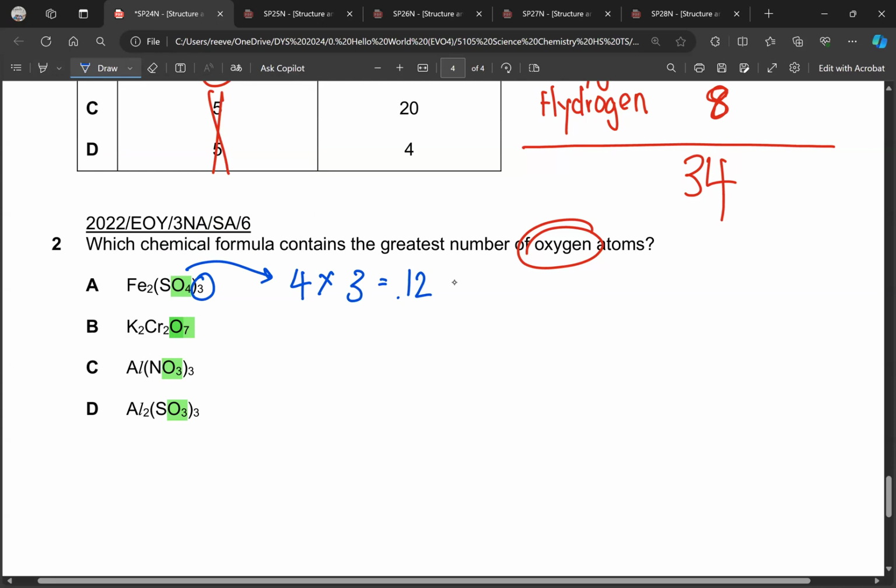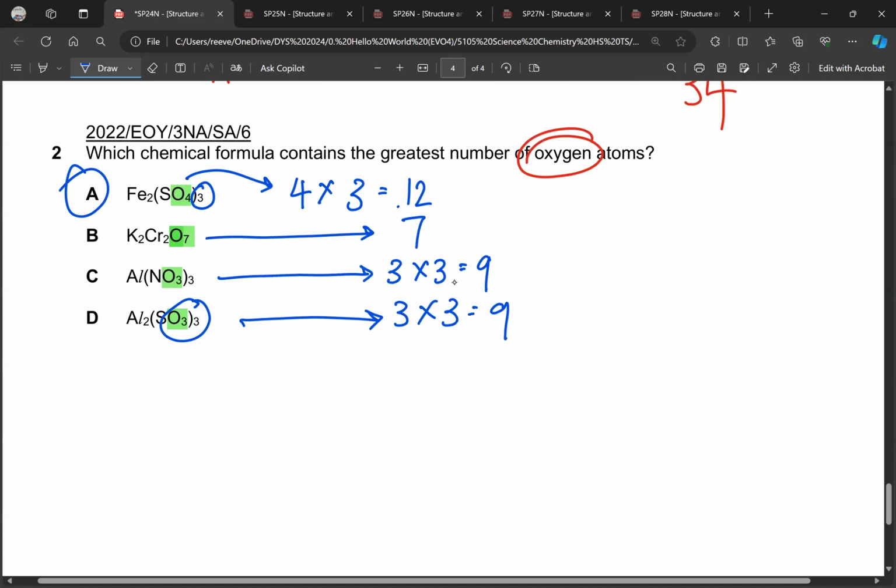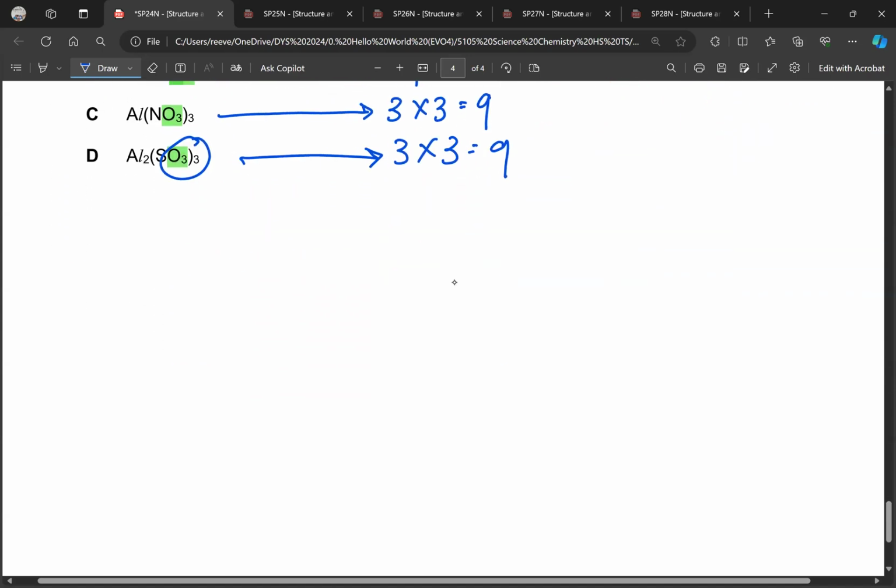This one, just 7. This one, 3 times 3 is 9. And this one, also 3 oxygen times 3 is 9. So the answer is A. There's 12 oxygen in total, the most number of oxygen atoms.